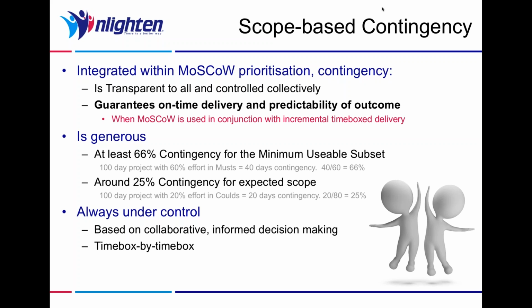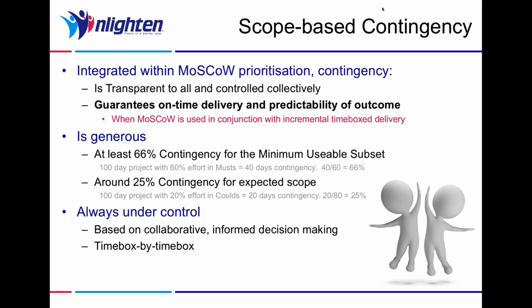So if we had a 2-week time box and we didn't quite get everything done, we'd look at it and say, okay, well, how much did we get done against what we expected? If we got 80% of what we expected to get done, then we can predict, if things stay the same, if we carry on delivering 80% of what we expected, then we will deliver all the musts and the shoulds, and we won't deliver any coulds.